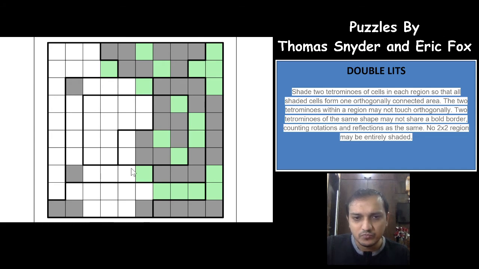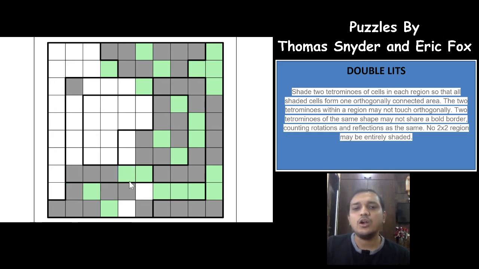Excellent. Or either this. So in either case, either of these 2 cells will have to be shaded, which means that this is a tetromino now. And now this cannot be unshaded because you'll have a 2 by 2 group of shaded cells. So this will be shaded, and again this cannot be shaded now because then you won't have enough space for this tetromino. That's nice. And both of these will be shaded now because at least 5 cells are remaining out of the 6 cells, and both of these will have to be shaded.